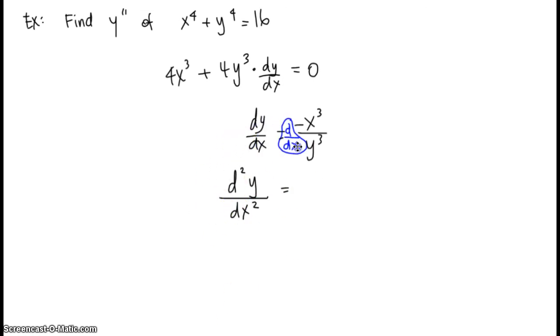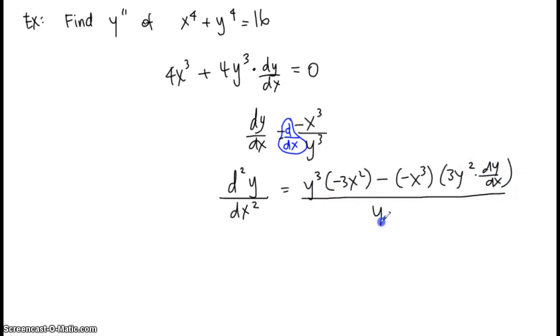And then when I bring the derivative translator over to the other side, I am taking the product rule here. So bottom times the derivative of the top minus the top times the derivative of the bottom, all over the bottom squared.